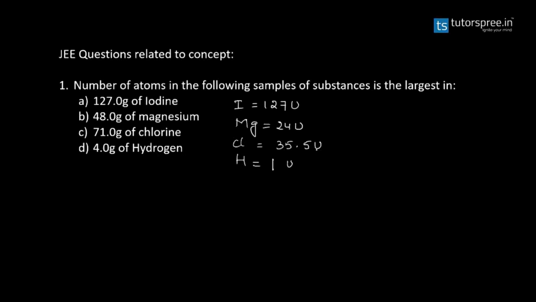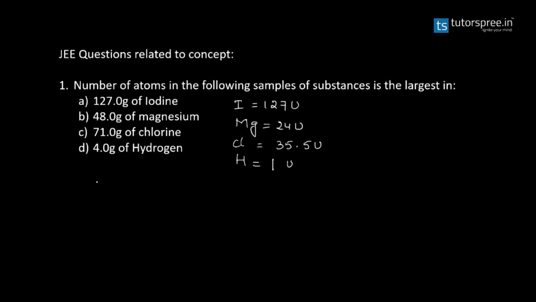These atomic weights will not be given in your examination. You need to learn them before you go to the exam. Along with the mole concept, what you need to remember to solve this question is the atomic weights of the substances. Right? Now, we will find the solution for this.